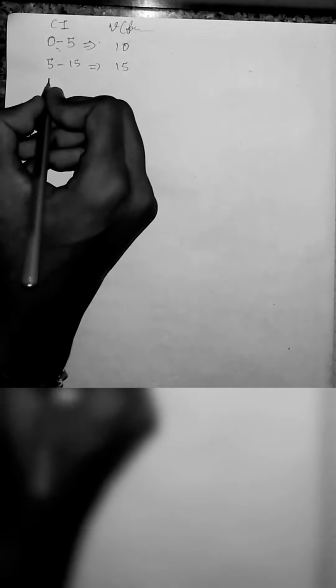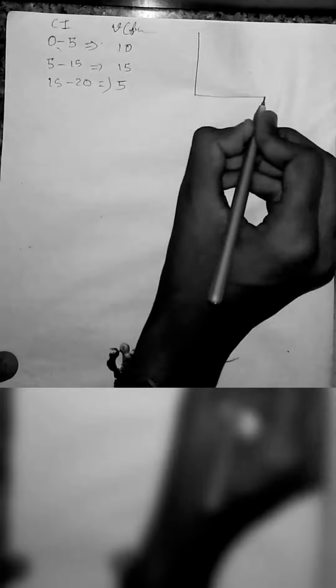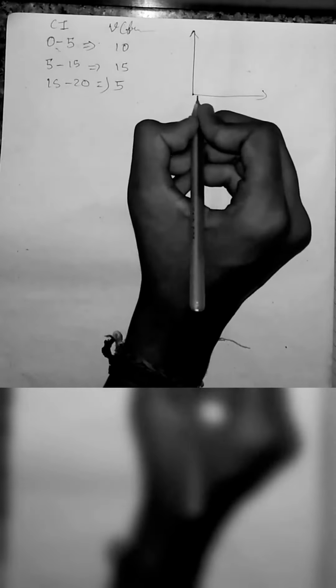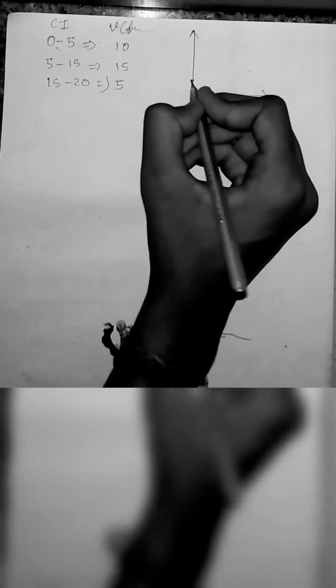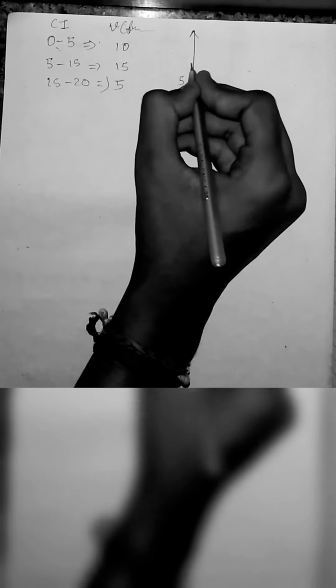From 0 to 5, 10 students get marks, from 5 to 15, 15 students get marks, and from 15 to 20, 5 students get marks. So the first thing we have to do is make something. For example, let us draw the incorrect one first to understand it better.